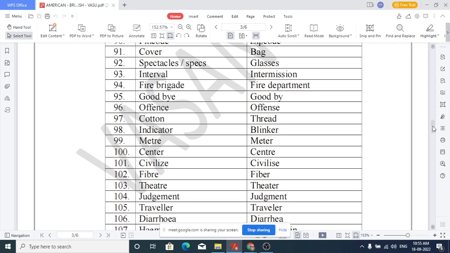Fire brigade, fire department. Offence, offense. Cotton, thread. Indicator, blinker. Meter.